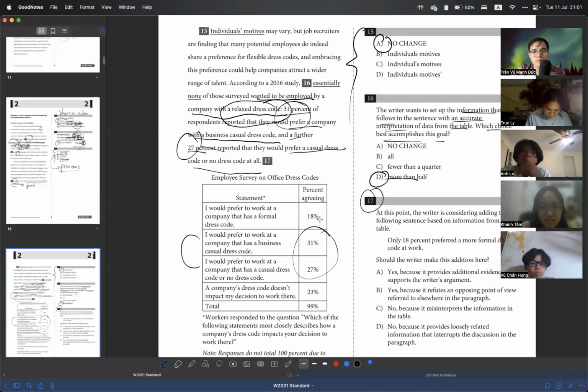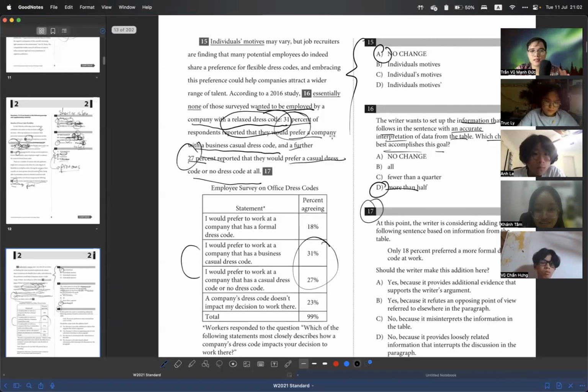In the sentence above, they kind of give out the numbers. So I think that yes, this sentence can be added to the paragraph to have more details and support the main ideas. Yes, exactly.